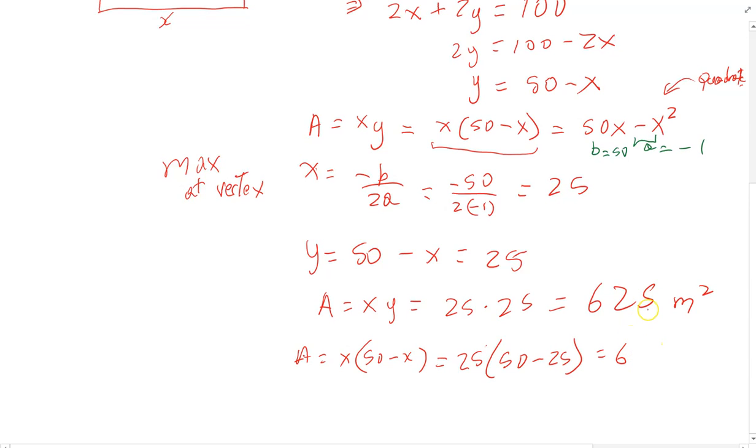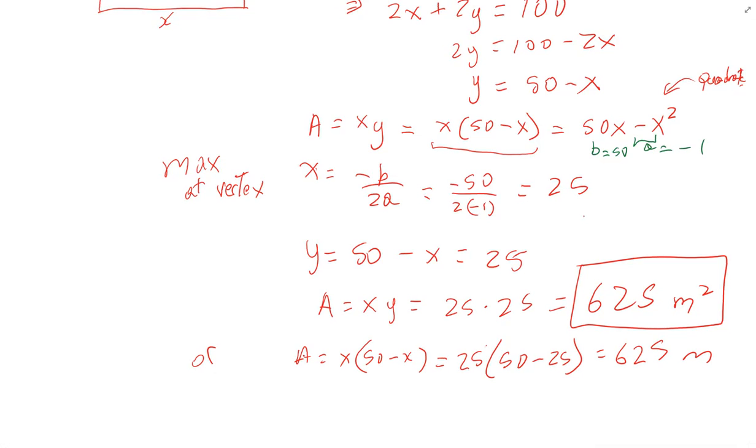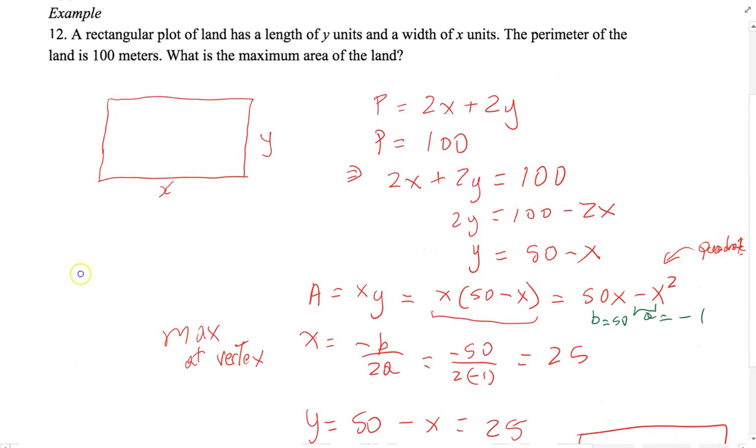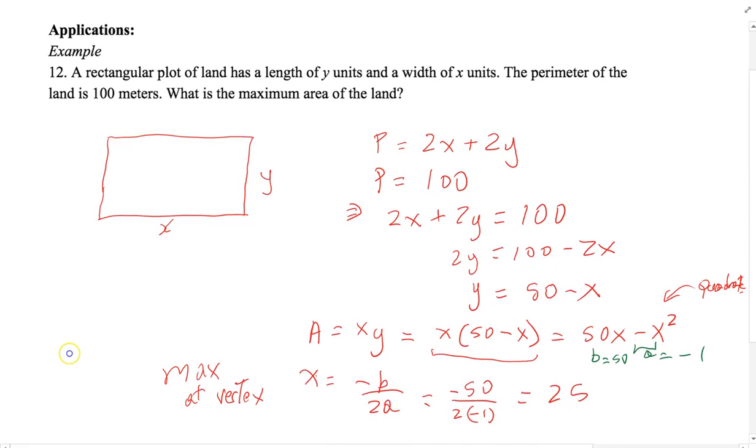So either way, your maximum area is 625 meters squared. All right, so that is your final answer for the maximum area of this piece of land.